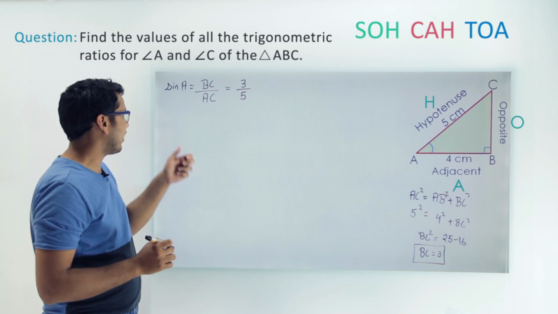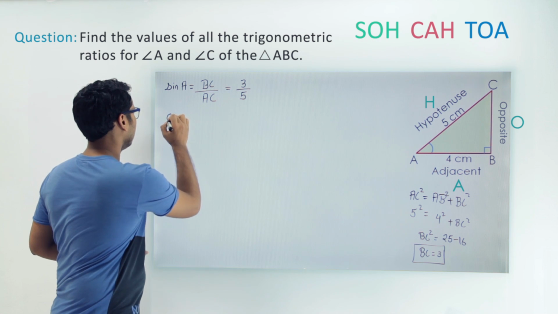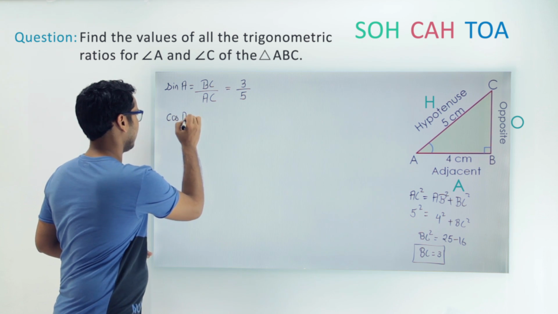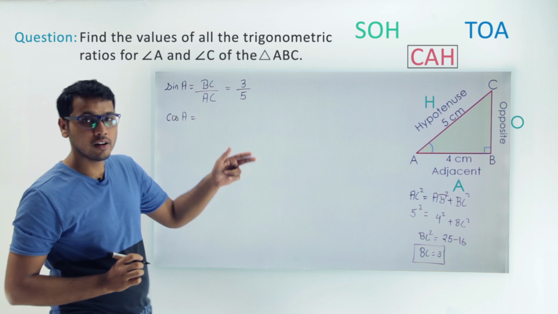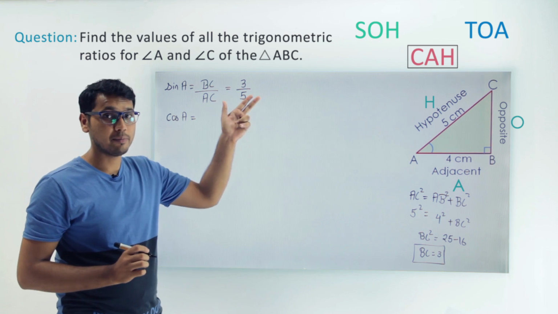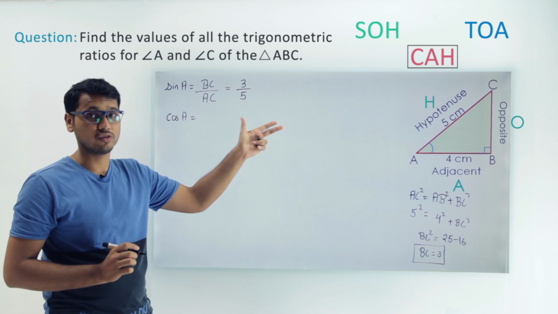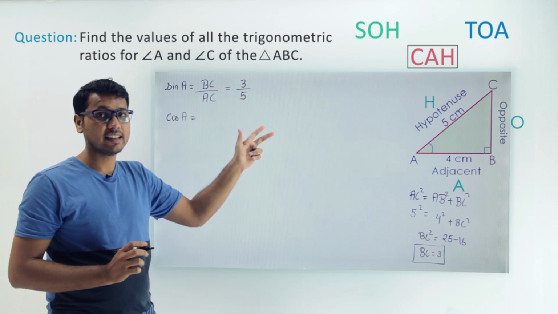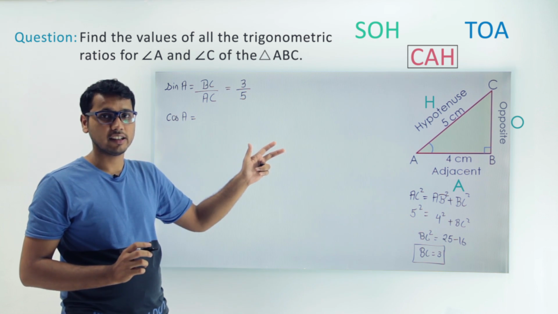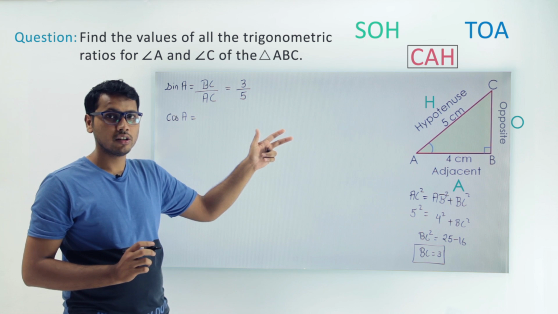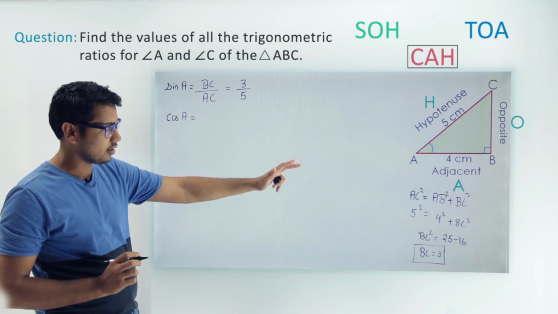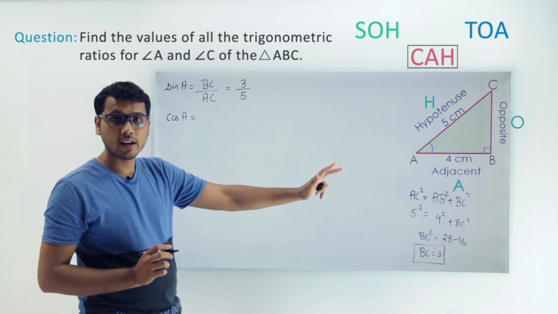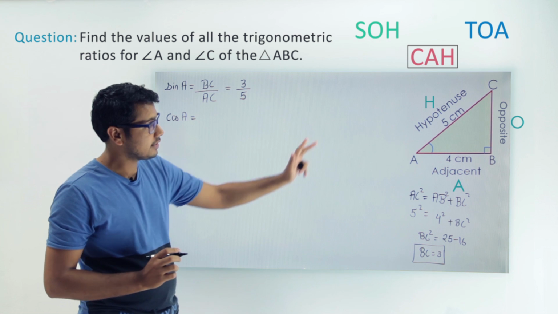Now let's find out the value of cos A. What will we apply now? It will be CAH, the second term of SOH CAH TOA. CAH says that cos is adjacent upon hypotenuse, that is A upon H. If we look at the figure, adjacent is AB and hypotenuse is AC.